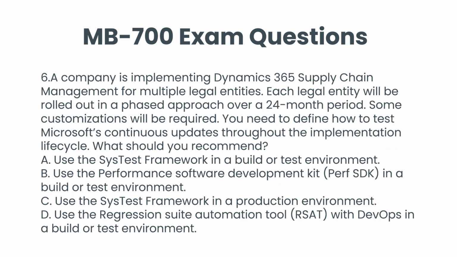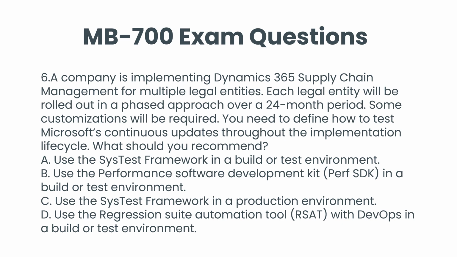6. A company is implementing Dynamics 365 supply chain management for multiple legal entities. Each legal entity will be rolled out in a phased approach over a 24-month period. Some customizations will be required. You need to define how to test Microsoft's continuous updates throughout the implementation lifecycle. What should you recommend?